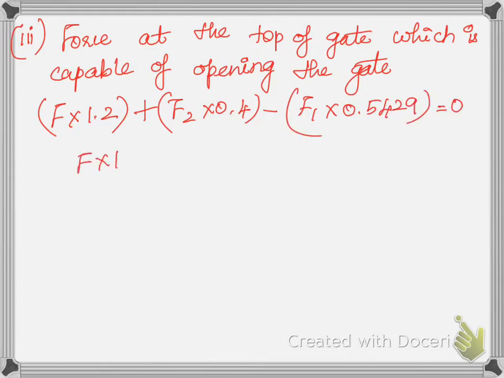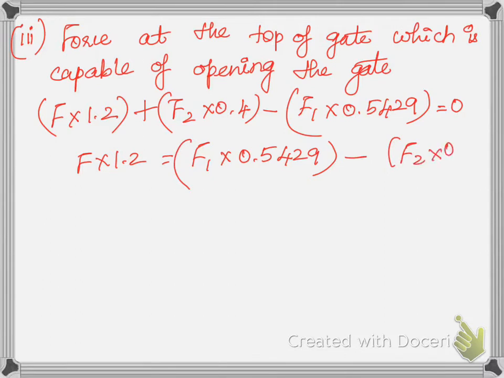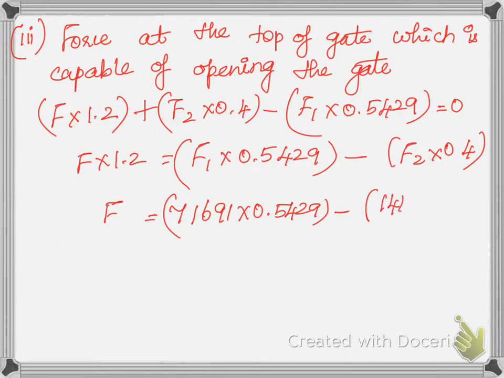So F into 1.2 is equal to, bringing all the other terms to the other side, F1 into 0.5429 minus F2 into 0.4. My ultimate aim is to determine the value of F. So F is equal to F1 value 71691 into 0.5429 minus 14126 into 0.4, divided by 1.2.